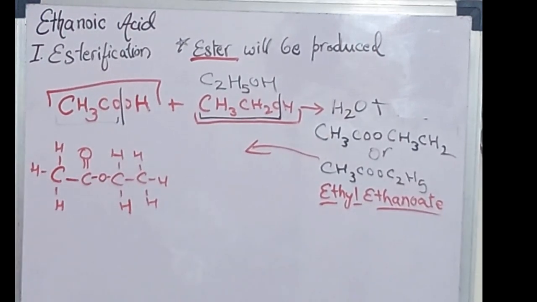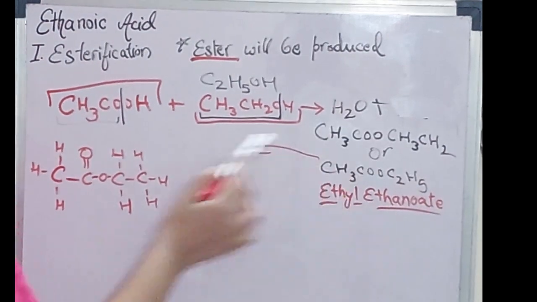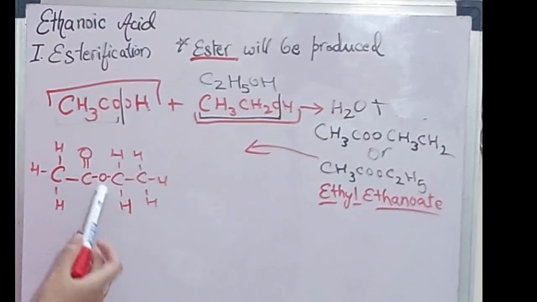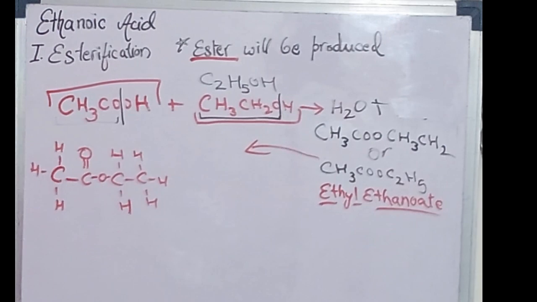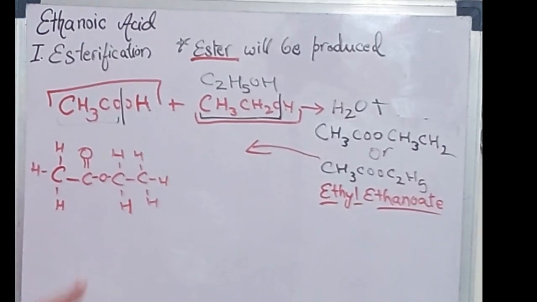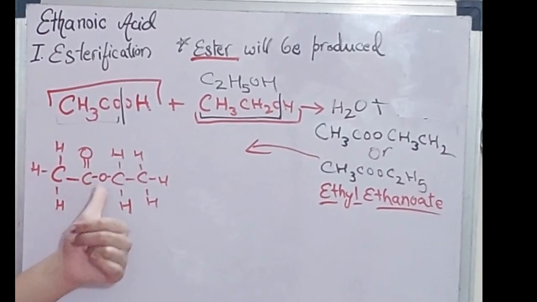The structure will be this. I wrote CH3, C double bond oxygen, and you will see that oxygen never makes a single bond with carbon. So how am I showing it as a single bond with carbon?